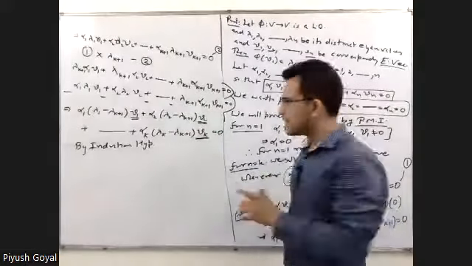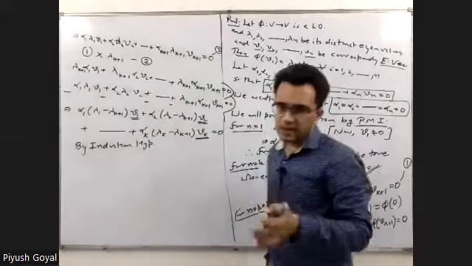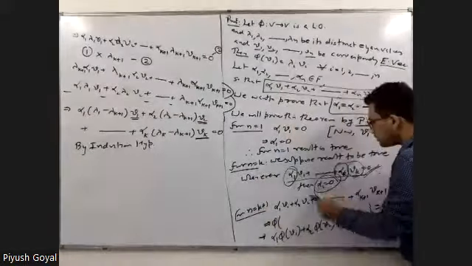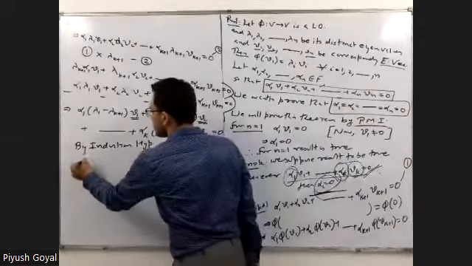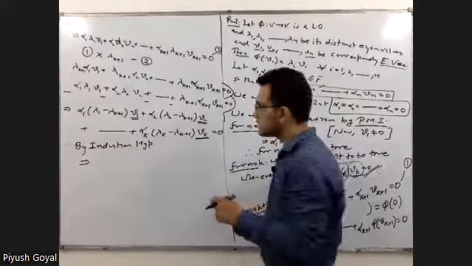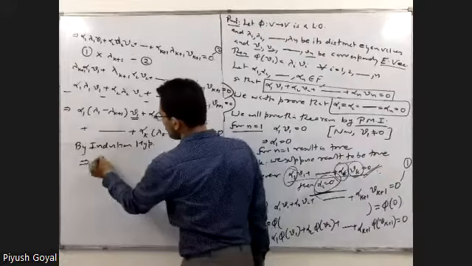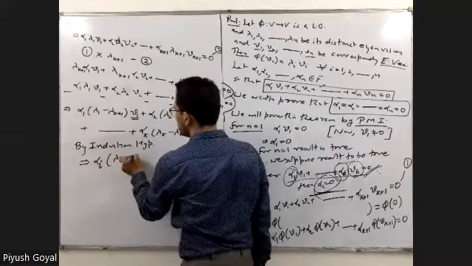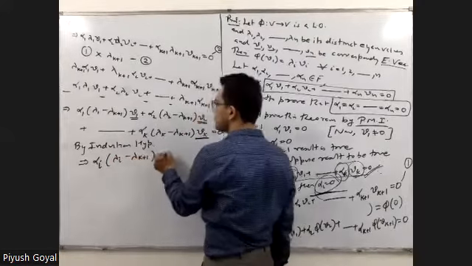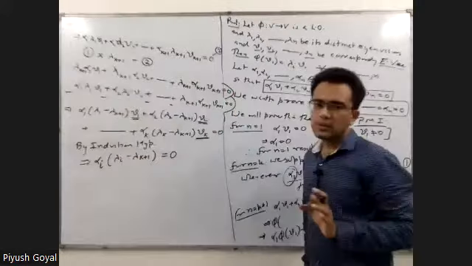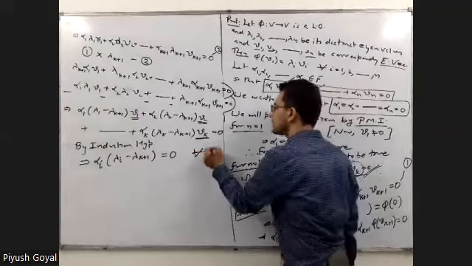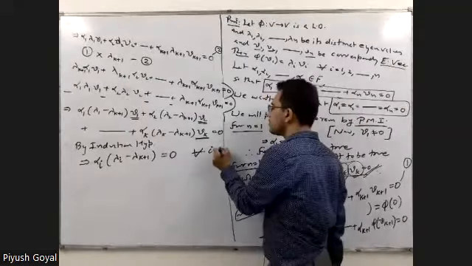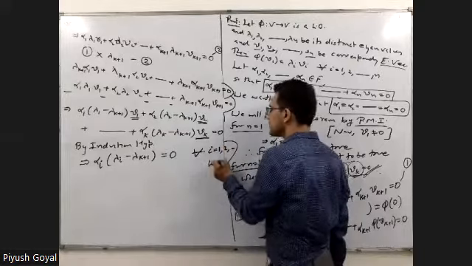The induction hypothesis says that if you take a linear combination of k vectors and put it equal to 0, then these scalars will become equal to 0. I hope this thing is clear to everyone. So by the induction hypothesis, this implies alpha i times lambda i minus lambda k plus 1 is equal to 0, for all i, where i varies from 1 up to so on k.